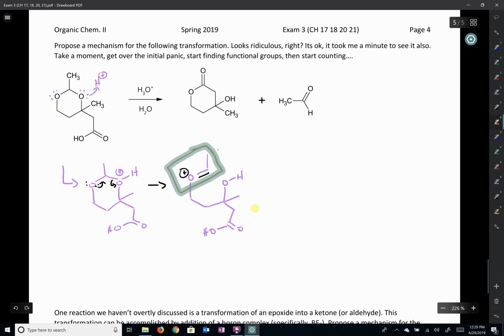So we have an activated carbonyl, which is susceptible to attack. So let's bring in some water here. Let's do the proton shuffle.